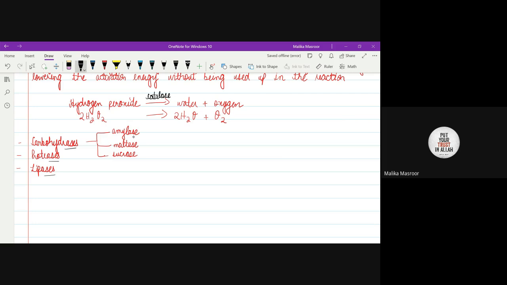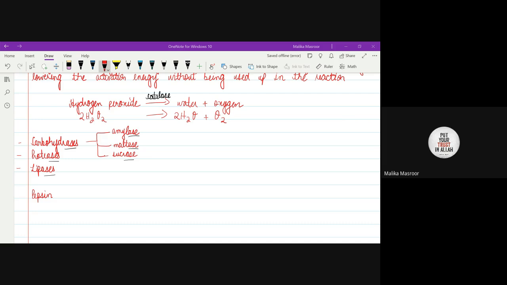But there are some that do not end in ASE as well. An example, can you think of? Any enzyme that does not end in ASE? Pepsin. Very good, pepsin. Anything else? Similar to pepsin. Amylase.